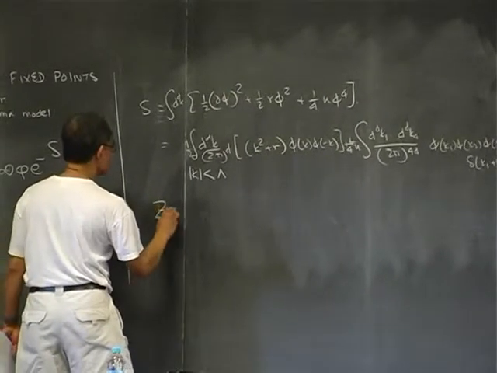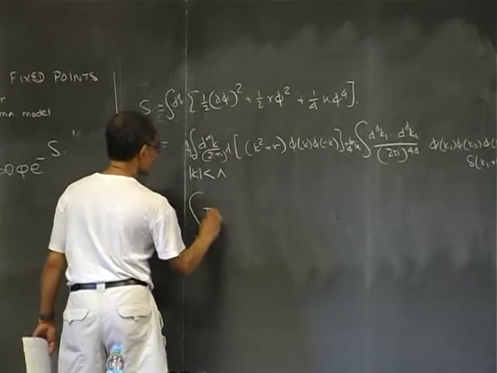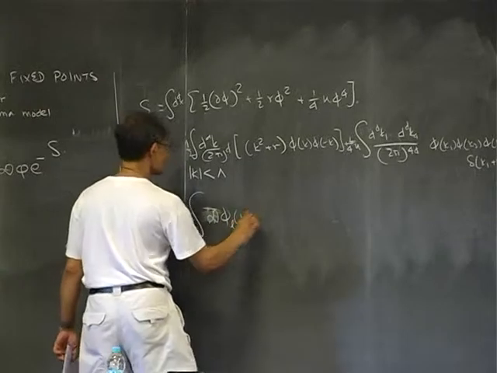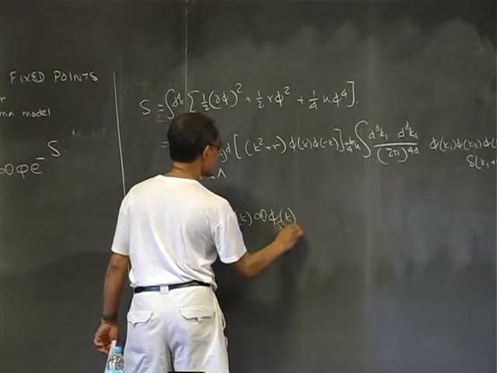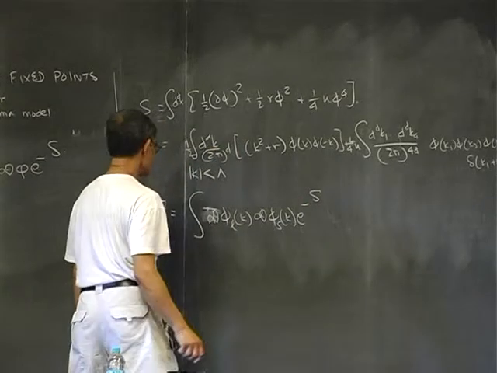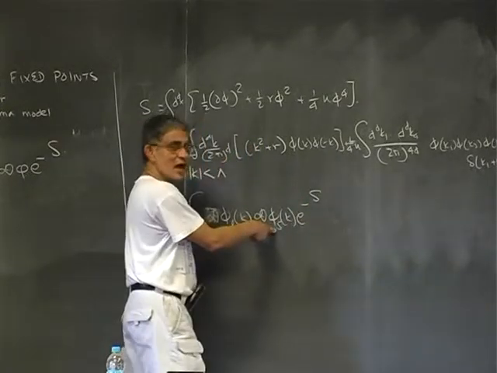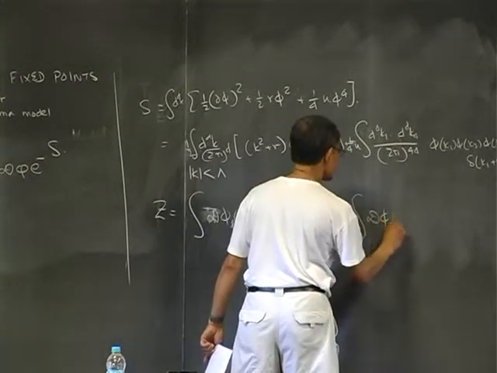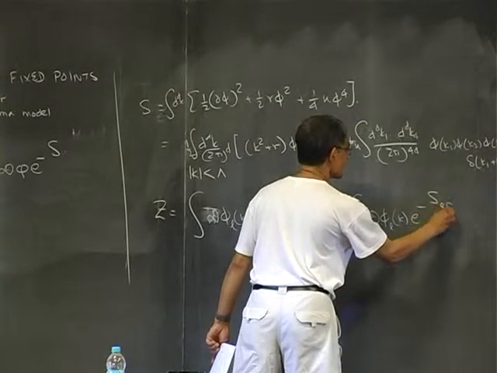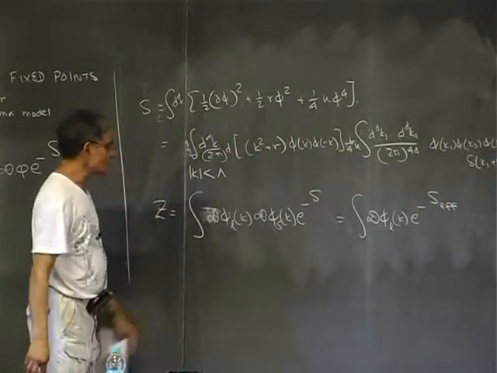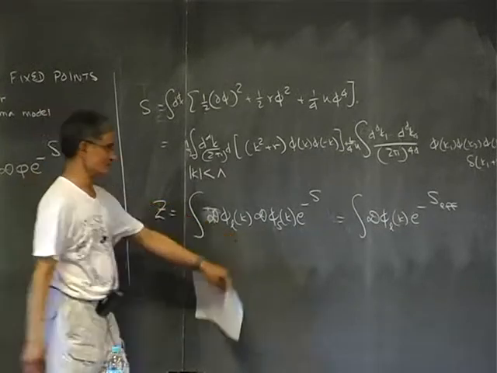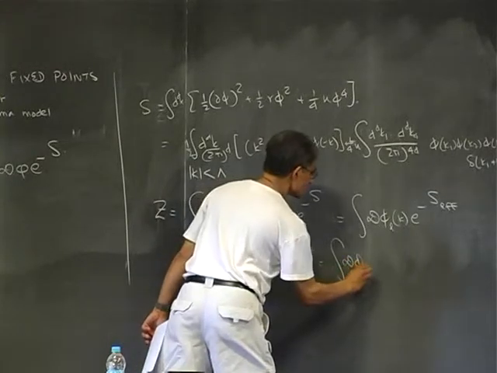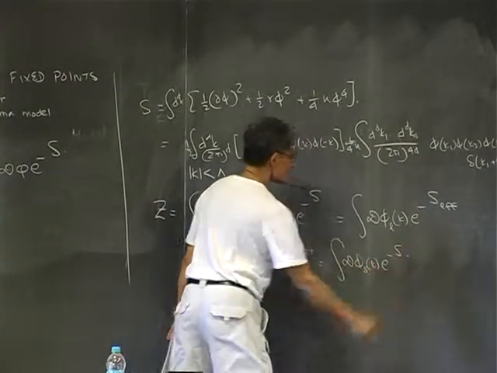And then I will write the partition function in terms of, roughly speaking, d phi L of k, d phi s of k e to the minus s, and I'll integrate out d phi s of k, right. So I want to write this as d phi L of k times something which I'll call an effective action, and this serves as a definition of the effective action, namely e to the minus effective action is just given by the integral over the short wavelength modes times the original action.